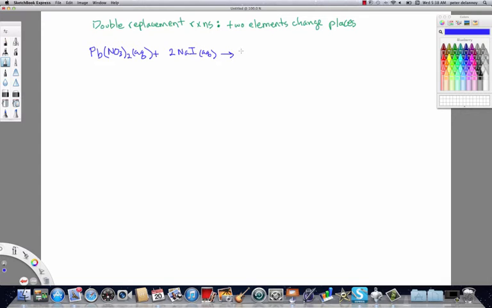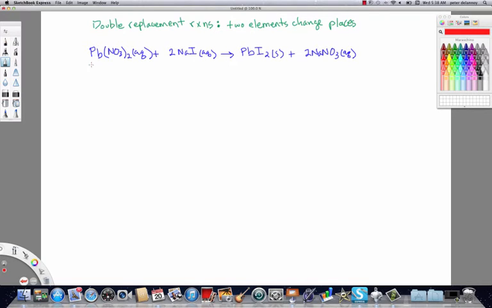The product is going to be lead iodide, written this way, lead(II) iodide, and it's a solid. And we're also going to produce sodium nitrate, which is aqueous, remains in solution.